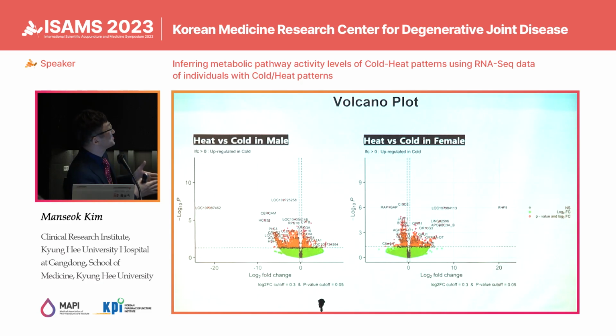So we decided to separate them, like this, male and female. Then again we got the significantly differentially expressed genes, like the red dots here, and looked at the similarity, and found that there were not many common genes. So we decided to go further this way.